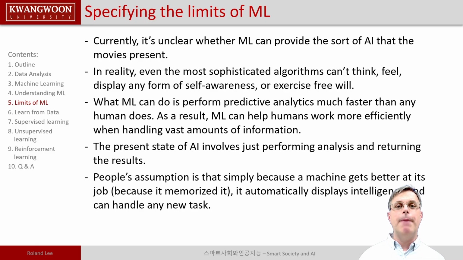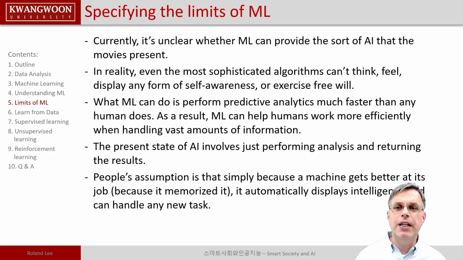As a result, machine learning can help humans work more efficiently when handling vast amounts of information. The present state of AI involves just performing analysis and returning the results. Humans must still consider the implications of that analysis and make the required moral and ethical decisions. So it's not that AI is nice to you, but AI is trained to be nice to you.